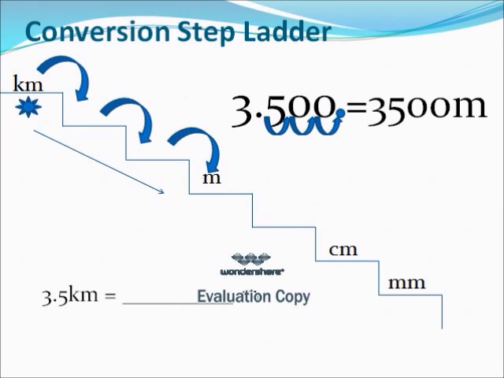So you take 3.5, multiply that by 10, get 35, multiply 35 by 10, get 350, then multiply 350 by 10, and you get 3,500. If that confuses you, just ignore that. If you understand every time I move down the stepladder, my decimal point moves to the right, stick with that. Okay? So again, 3.5 kilometers is equal to 3,500 meters. Another way to say it, there's 3,500 meters in 3.5 kilometers.